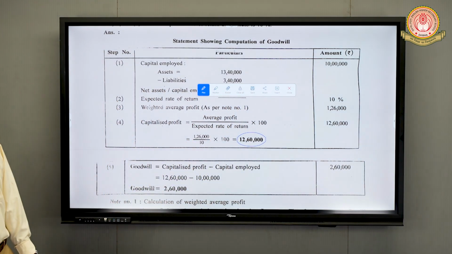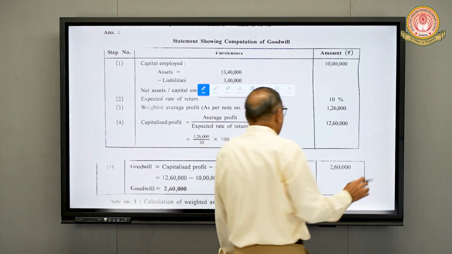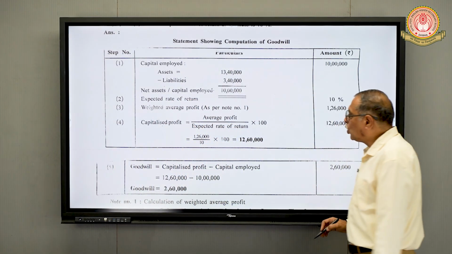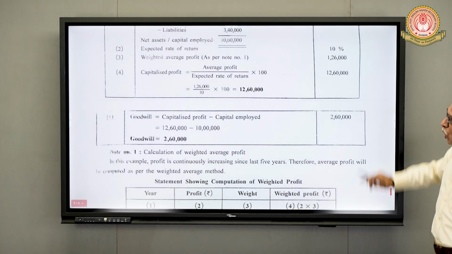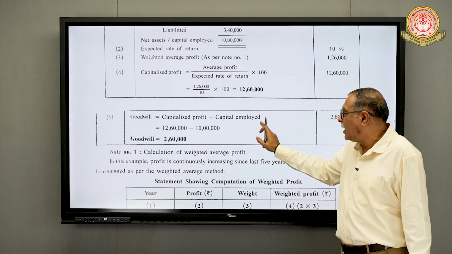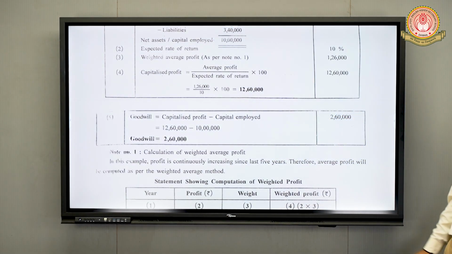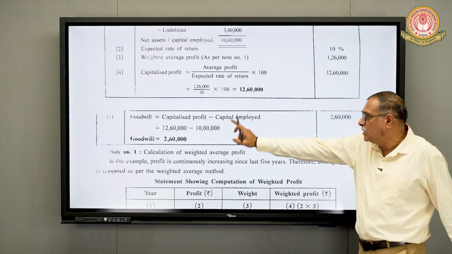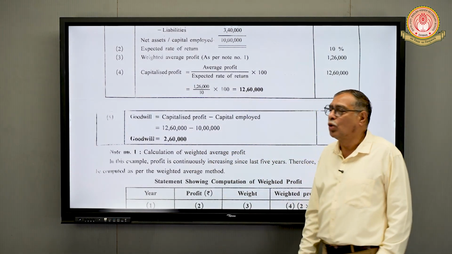So this amount we got, this is capitalized profit. This capitalized profit is required to calculate the goodwill. The next formula is goodwill is equal to capitalized profit minus capital employed. Capital employed was 10 lakhs and we have calculated 12,60,000 minus 10 lakhs, that is 2,60,000 is the goodwill amount.